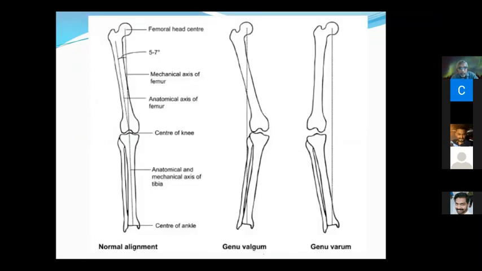And that is why the distal femur is cut with that much valgus incorporated into it. And here on the right, you have the mechanical axis. If it is medial to the deformity, then it's a genu varum. If it is lateral to the deformity, it's a genu valgum.